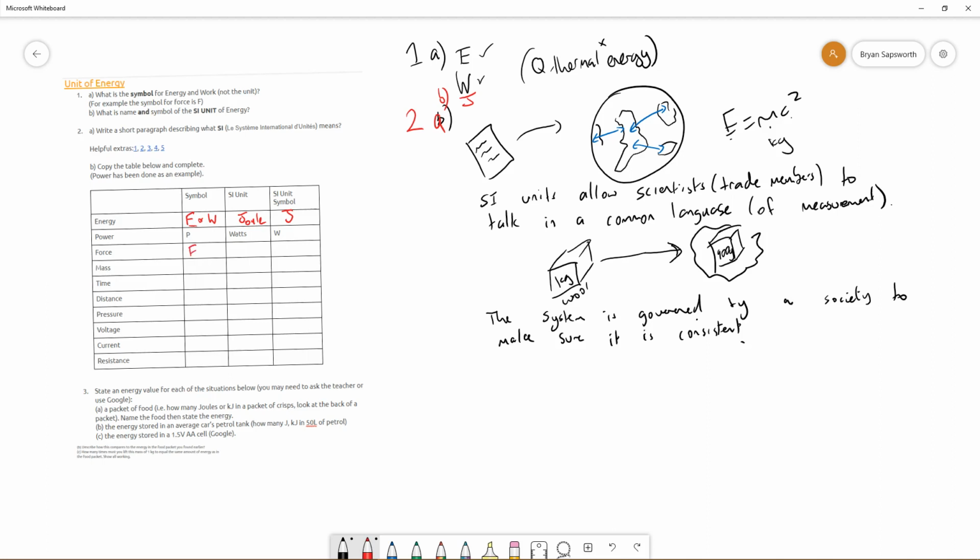Force is F, and it's in newtons, and it's capital N. Mass is the m, and it's the kilogram, kg. Time, small little t there, that's in the seconds, small s.